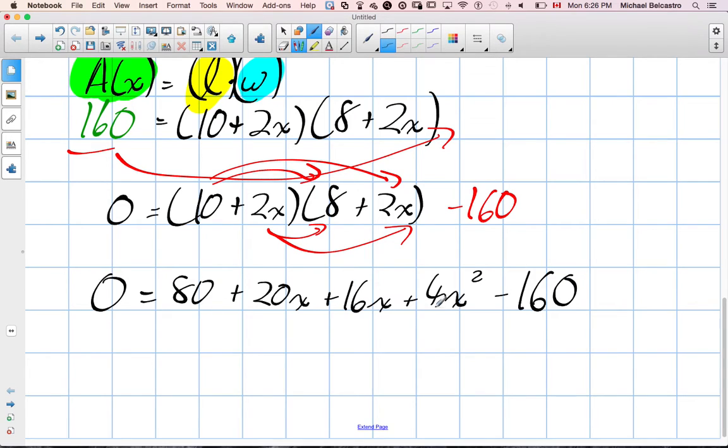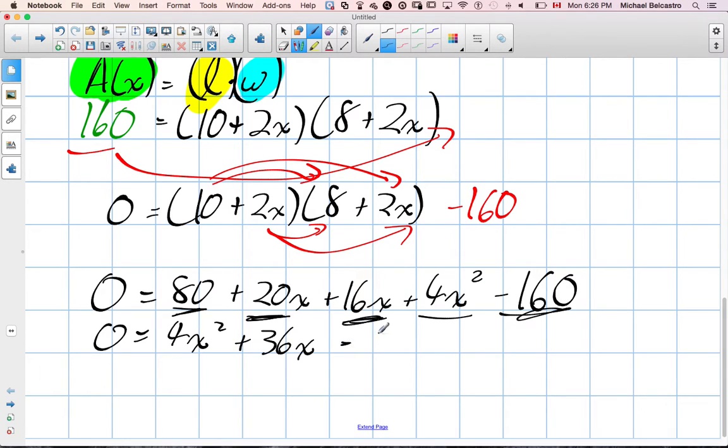So we collect our like terms. And I'm going to put this in the order of the largest variable power first. So 0 is equal to 4x squared at the front. The next two common terms are 20x and 16x, so it becomes plus 36x. And then finally, our constants are 80 subtract 160, so when we put those together, you get negative 80.